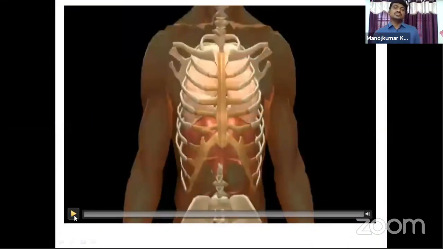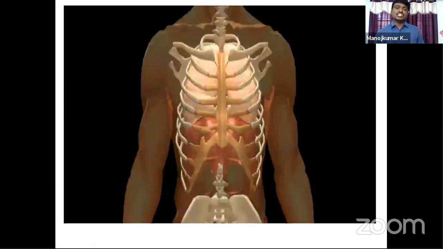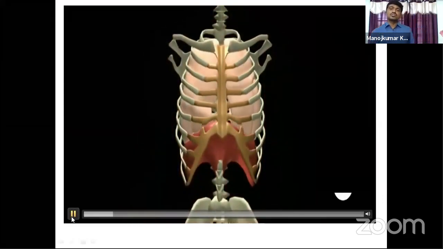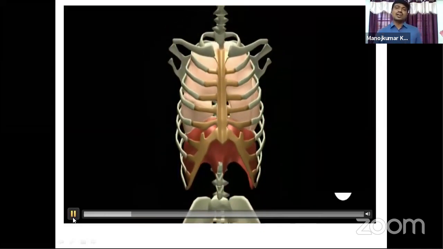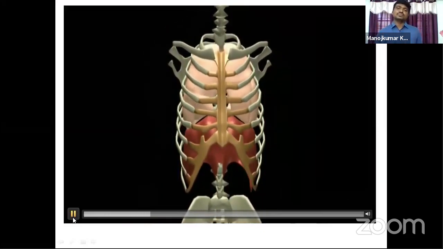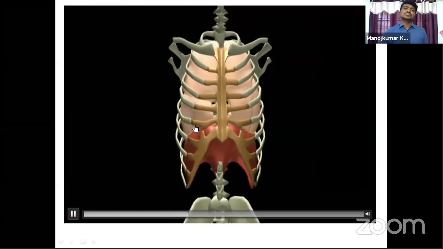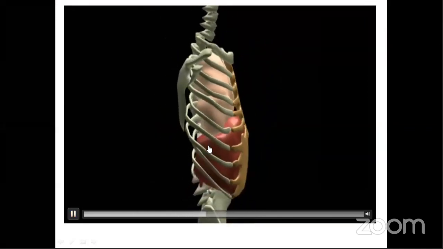Now children, look at this small video which shows both inspiration and expiration. The inspiration and expiration occur rhythmically one after the other. We can call this a breathing cycle. Let us see what a breathing cycle is, which includes inspiration and expiration. See here how the chest cavity is expanding and again coming back to its original position.